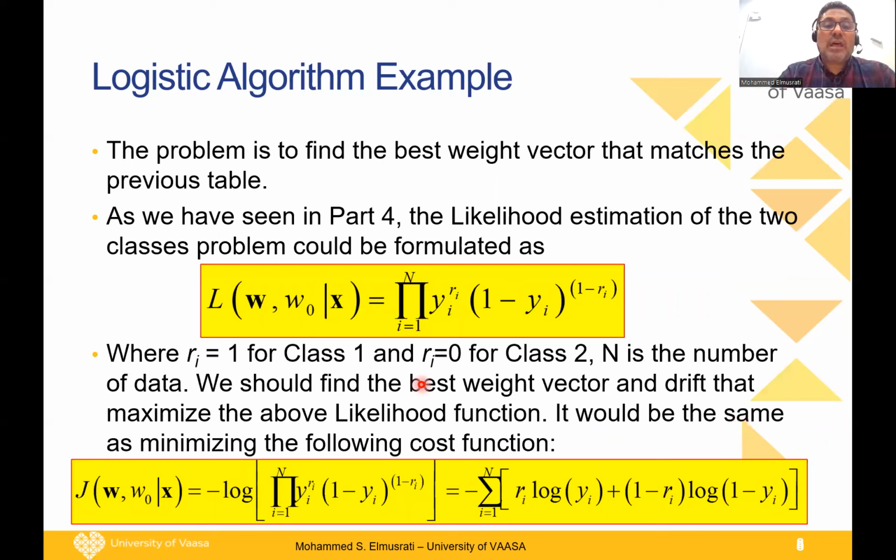Now, if we build the likelihood of the data, which we have seen in part 3, the likelihood will be the multiplication. Remember that yi here is the probability of being in class 1, conditioned on x. Now we define ri equal to 1 if this x belongs to class 1, and equal to 0 if x belongs to class 2.